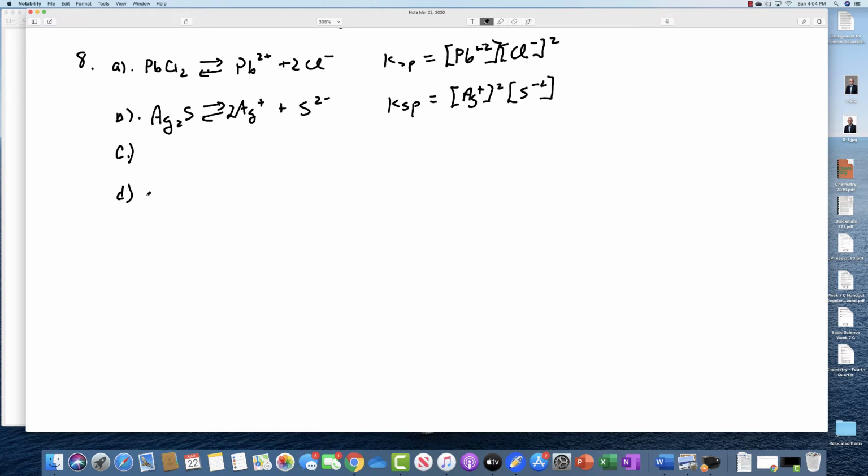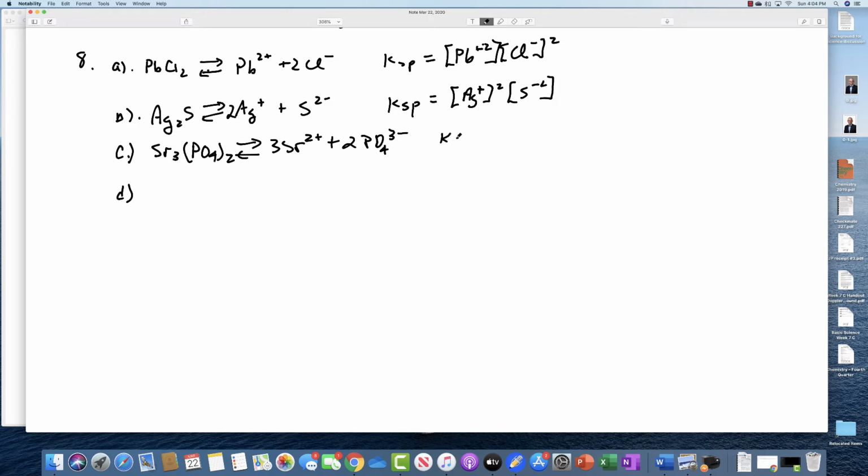The third one is whatever Sr is. I don't know what that is right off the top of my head. So Sr3(PO4)2, strontium phosphate, goes to form 3 strontium ions plus 2 phosphate ions.